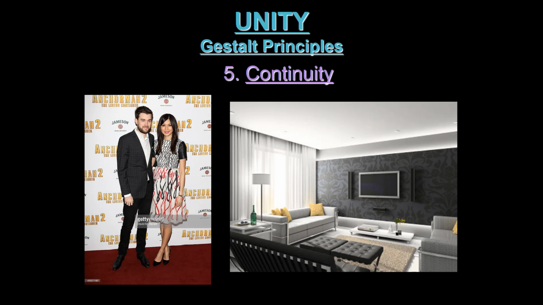Continuity. So with continuity, the idea here is that a viewer tends to continue shapes beyond their ending point, essentially. Moving from one shape or object to another causes this sort of fluid connection in a composition.